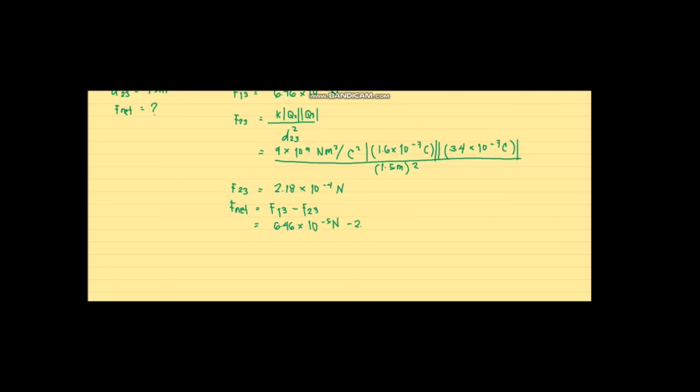Let's now have negative 6.46 times 10 to negative 5 newtons plus 2.18 times 10 to negative 4 newtons. So the answer should have been positive 1.53 times 10 to negative 4 newtons. So that means that the charge will actually move to the right.